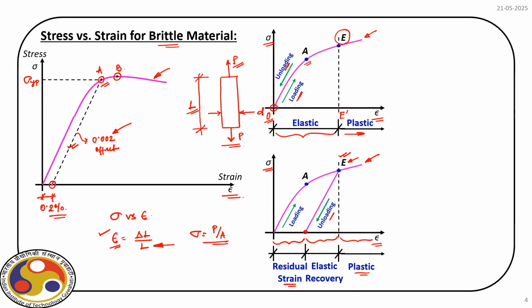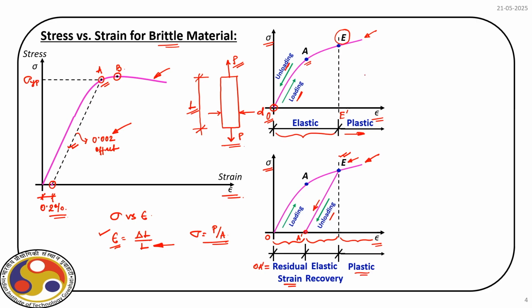So, this much of the elastic strain we can recover, but the material has a residual strain which is marked by this line, which reaches A prime. So, following this unloading path we reach A prime. So, O A prime is basically the residual strain.